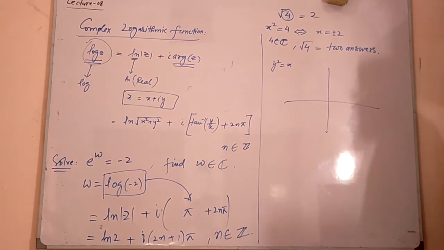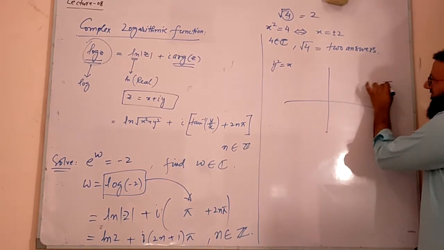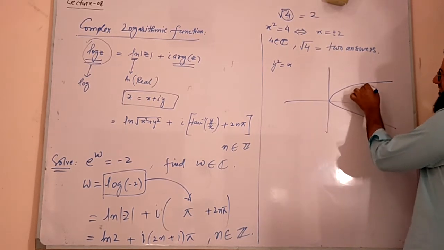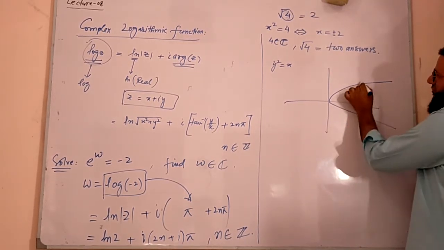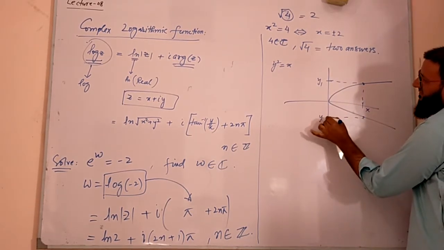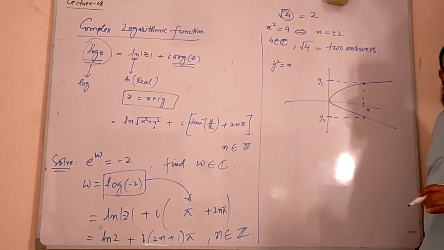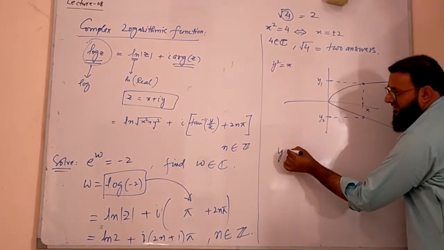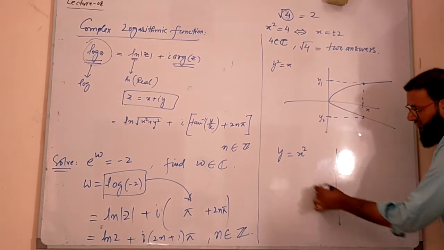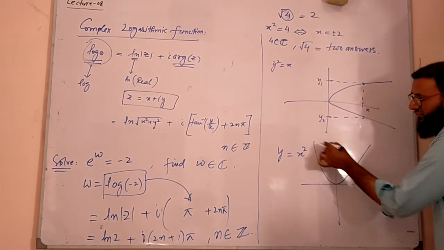It's basically not a function because its graph looks like this. If you take any fixed x, then you get exactly 2 answers. One is, let's say, y1, another is y2. So it's not a function. But this one is a function, whose graph looks like this.